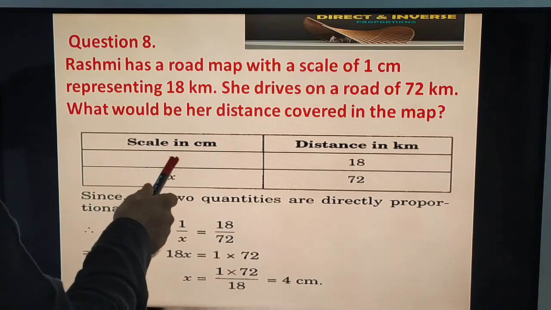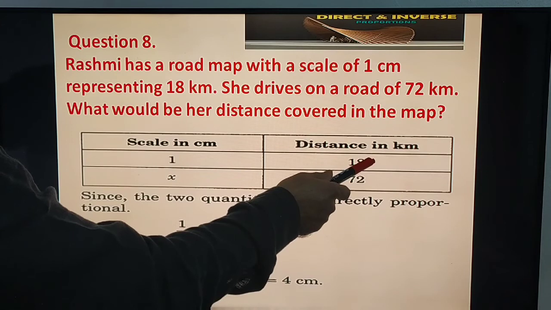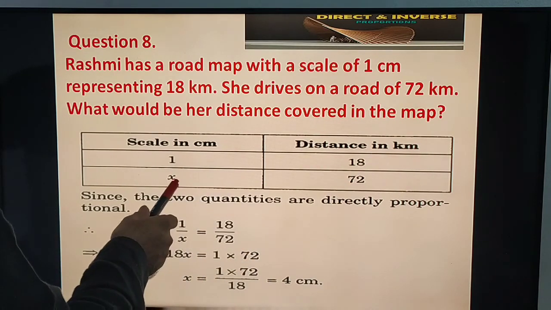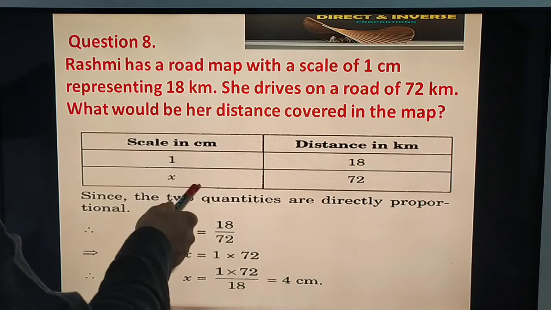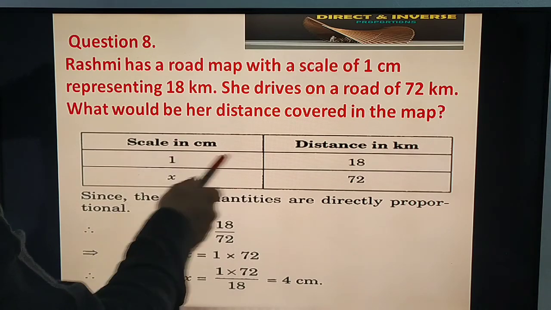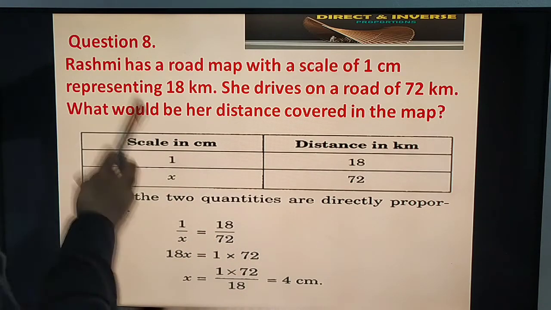So 1 centimeter is on the scale on the road map, and the actual distance covered is 18 kilometer. What is on the scale on the road map if the actual distance covered is 72 kilometer? These two quantities, the scale and the distance, are in direct proportion.